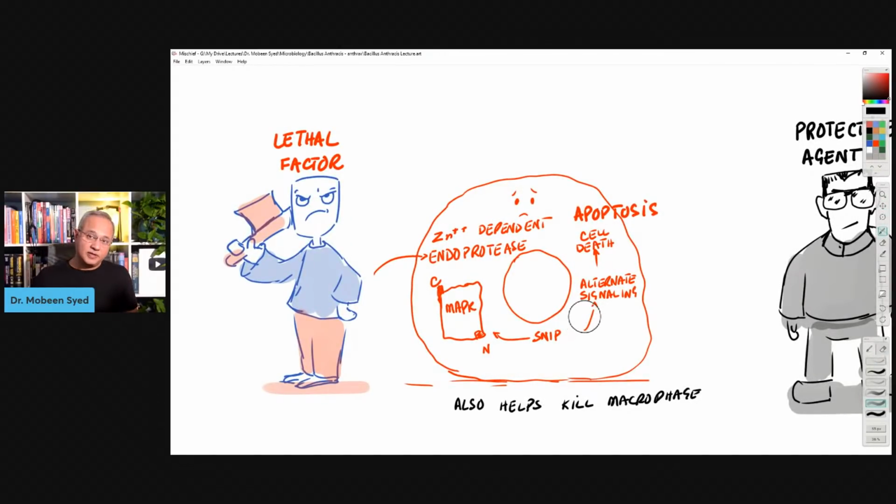Now the next enzyme, lethal factor. What it does is, once it is inside the cell, it is a zinc-dependent endoprotease. Endoprotease, I hope from the word protease, you can see it is a protein-breaking enzyme. And it is zinc-dependent.